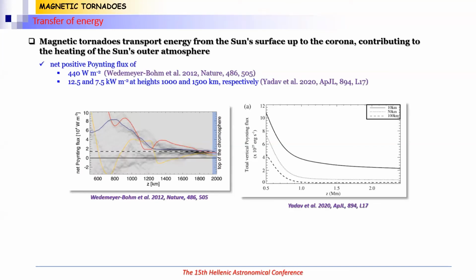Wedemeyer-Böhm in his Nature paper, and more recently Nitin Yadav in 2020, using different sets of simulations, calculated a net positive Poynting flux of 440 watts per square meter, and Nitin's calculations were a little bit higher, giving a net Poynting flux of something like 7.5 kilowatts at the height of the chromosphere.